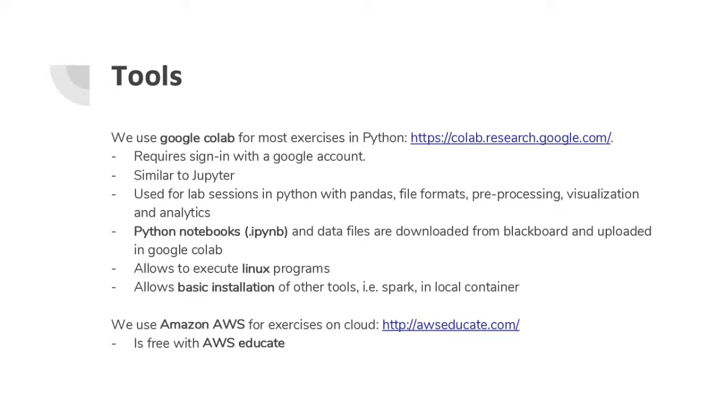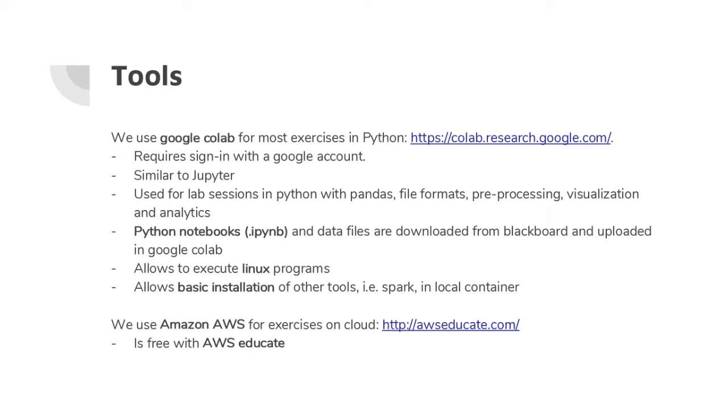It's similar to Jupyter. I don't know if you have used Jupyter before, but it's an interactive notebook, and you can write one Python statement at a time and then get the results after evaluation. So we will use that with exercises with pandas, for file formats, pre-processing data, visualizing data, analyzing data.